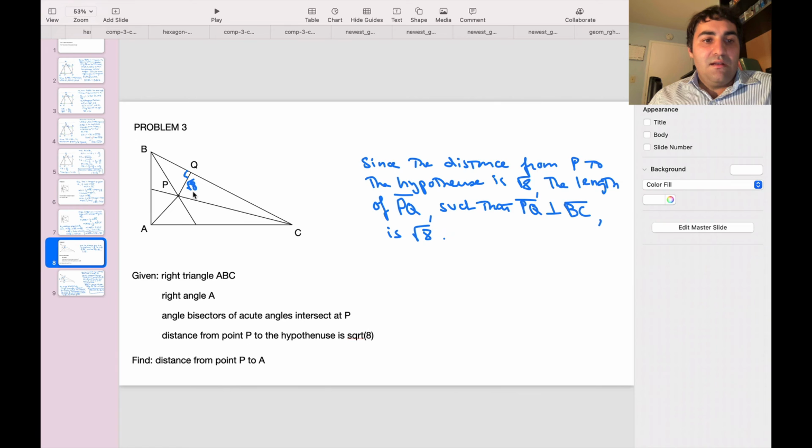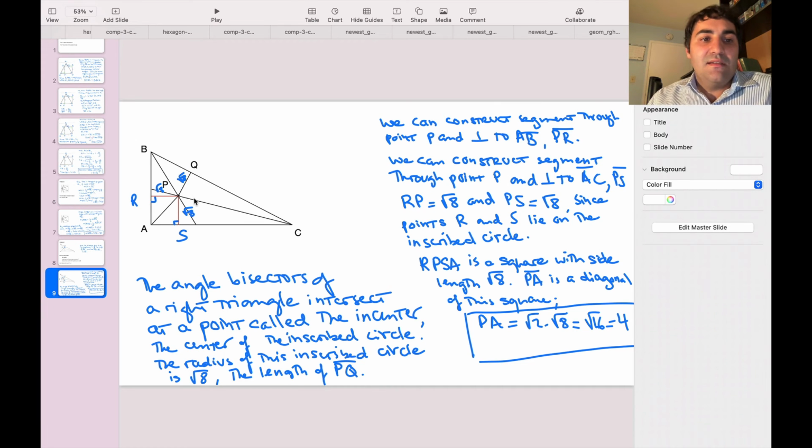So, okay, another thing we have to think about is the angle. So if we have a right triangle, and if we draw these angle bisectors, they actually intersect at a point that's called the incenter of a triangle, and that basically means that point P is going to be the center of an inscribed circle. So it's basically a circle that will fit neatly into this triangle.